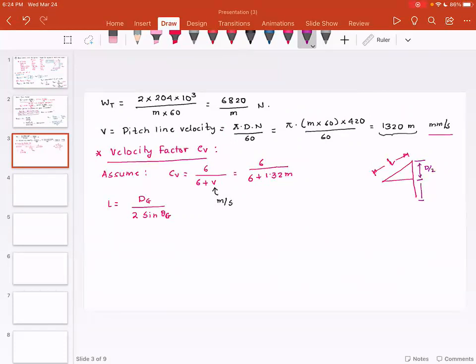This distance is d by 2. So dg is m times tg divided by 2, multiplied by sine of 70.7.